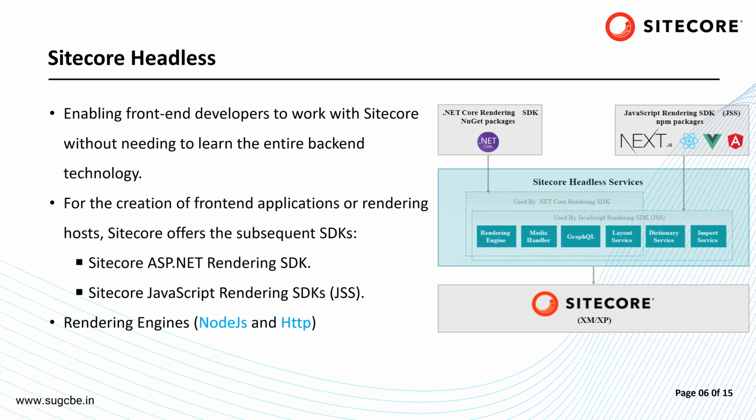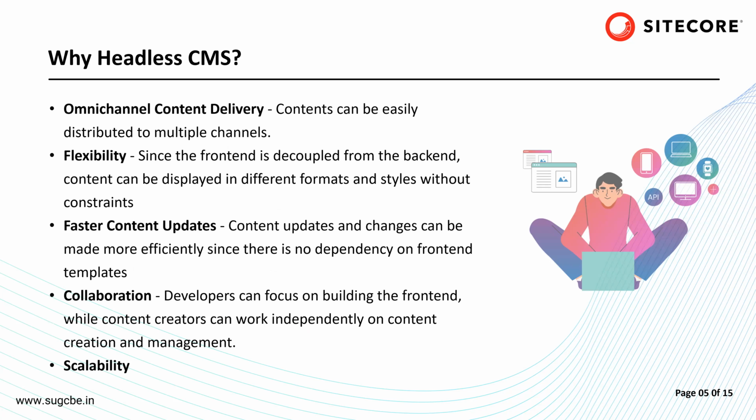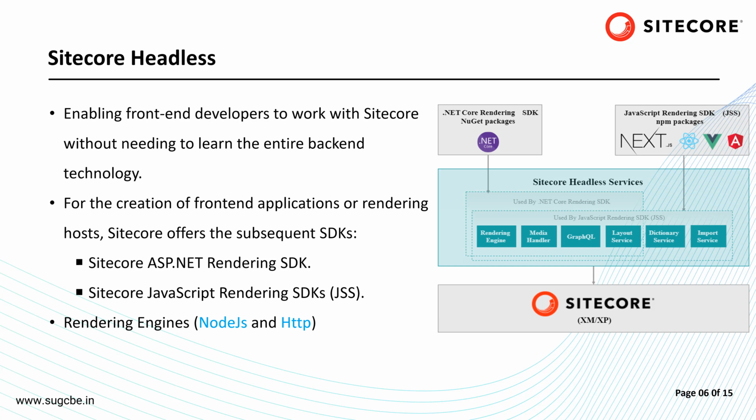And in case you're going with JSS for Next.js, this HTTP rendering engine is configured by default. So if you opt for Next.js and create rendering host applications, it is obviously a better choice to use the HTTP rendering engine. And even the Sitecore ASP.NET Rendering SDK supports the HTTP rendering engine, but you have to do some basic configuration in order to achieve that.